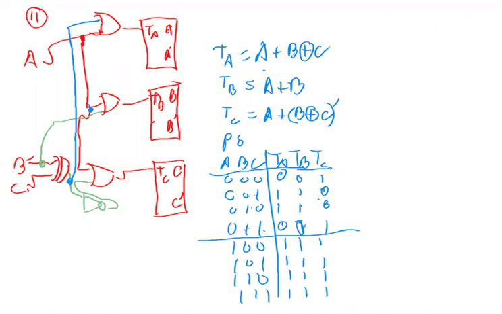Now I've got my toggle flip-flop inputs. I can come up with A plus, B plus, and C plus. How? Can you guys do that? How do we do that? Well, I know that if the input is a 1, I'm going to flip a bit.